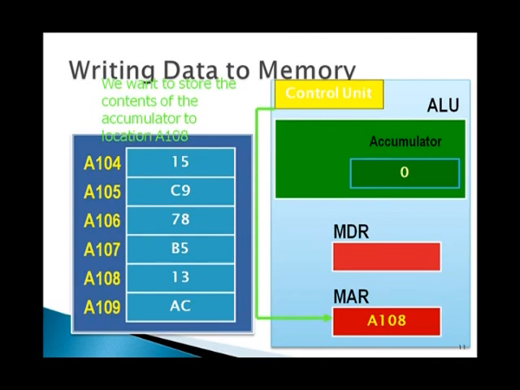That address A108 is from the main memory. Using A108 we can address a memory location in the main memory. Then the number 0 is stored in the MDR register.